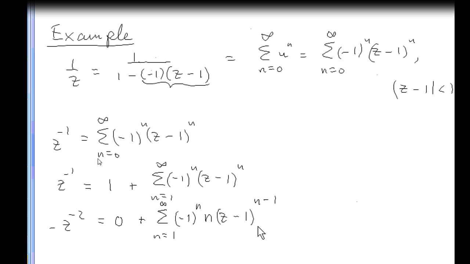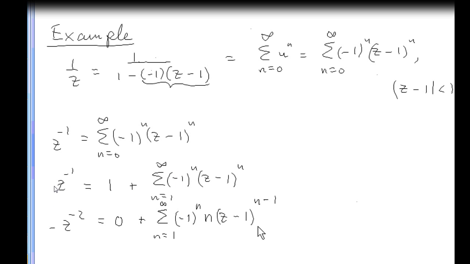So we are starting with the constant value appearing when n is equal to 0, and this gives the first element 1, because minus 1 to the power of 0 is 1, and z minus 1 to the power of 0 is also 1. Then we have the remaining terms like this, starting from n equal to 1, from 1 to infinity of this guy.